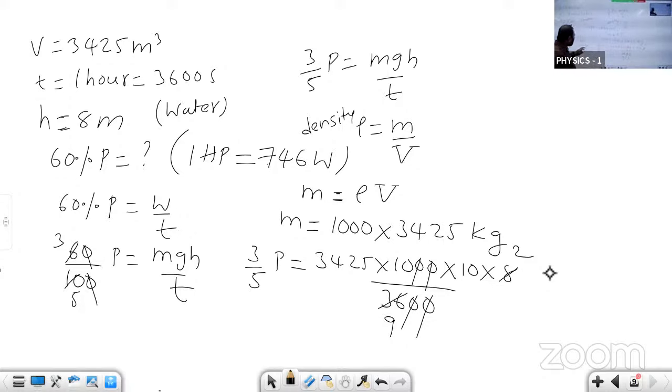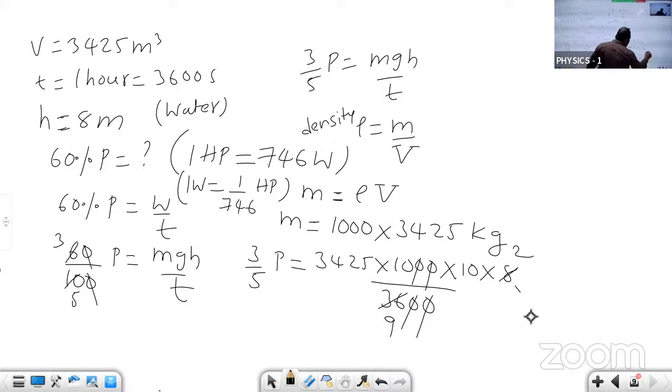Otherwise, we will do it directly, students. Because this power we are calculating gives watts, but it is asked in horsepower. 1 watt equals, taking it towards the left, into means by. 1 watt equals 1/746 horsepower. 1 watt equals 1 divided by 746 horsepower.